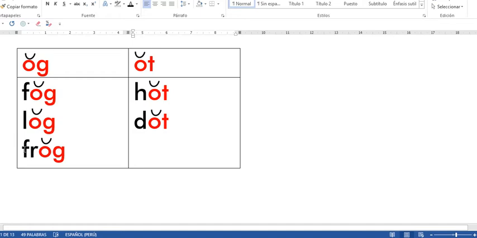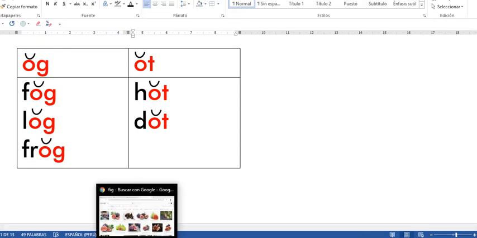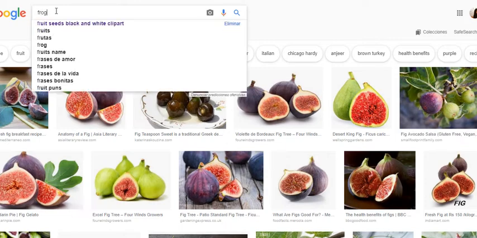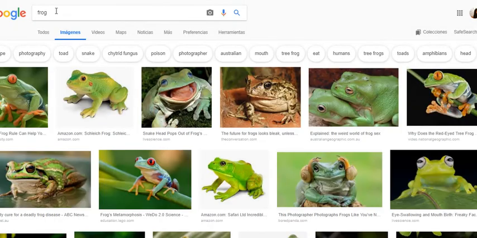Here we have got two consonants. Frog, frog, frog. And remember, a frog eats another animal. Frog, a happy frog.